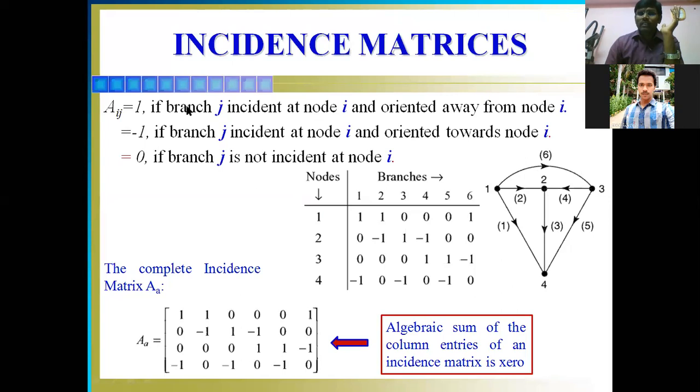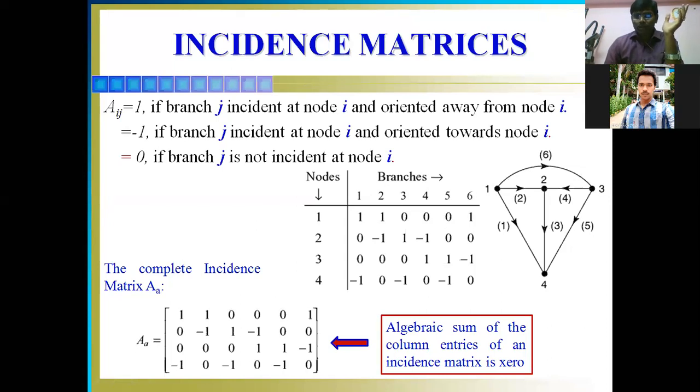If current is away from node 1, its value is equal to +1. So for 1, +1. For 2, +1. For 6, +1. And the remaining elements are not connected to node 1, so they are 0. For 3 it is 0, 4 is 0, 5 is 0.